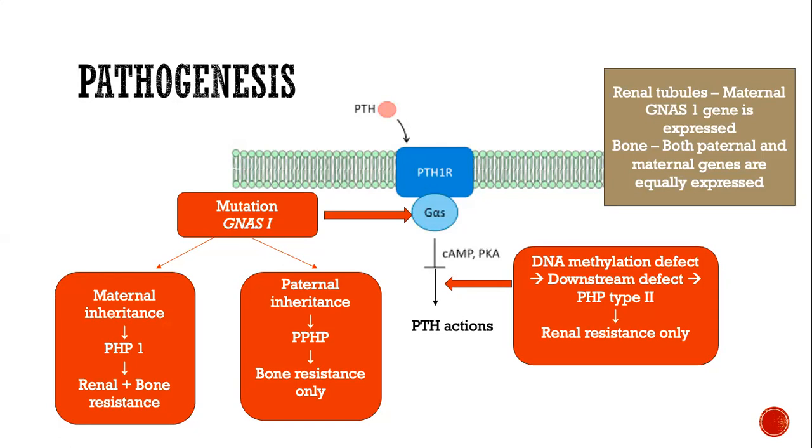When the defect is downstream, as a DNA methylation defect, there occurs pseudohypoparathyroidism type 2, where these patients have renal resistance only. So biochemically, there is hypocalcemia, hyperphosphatemia, and increased PTH, but there is no AHO phenotype because there is no bone resistance.